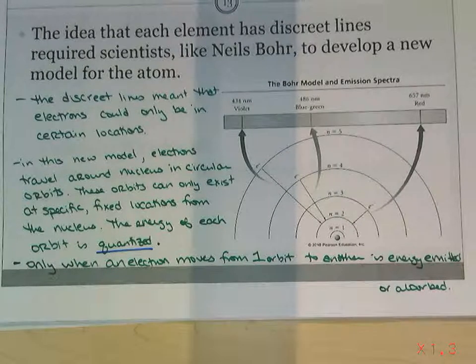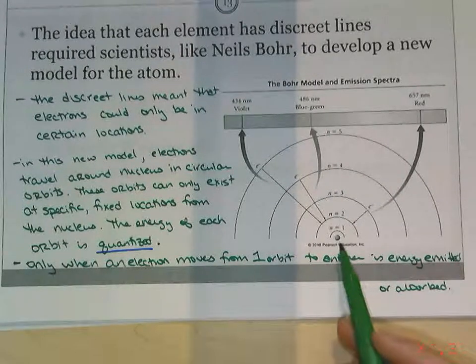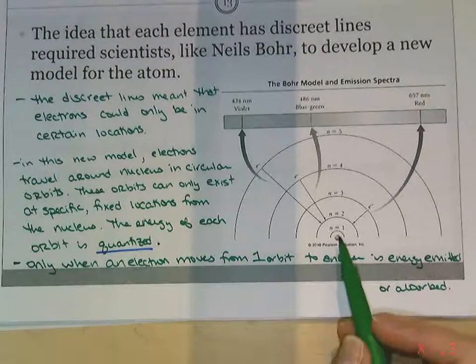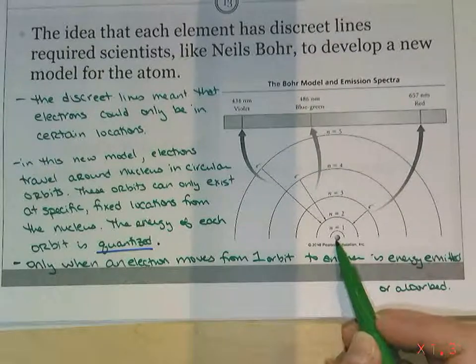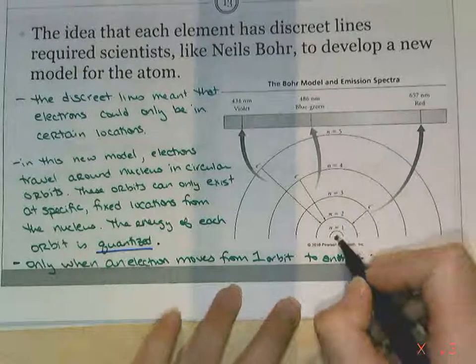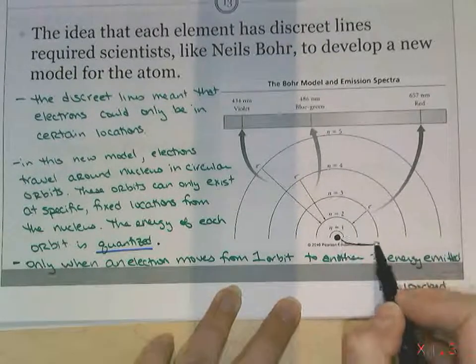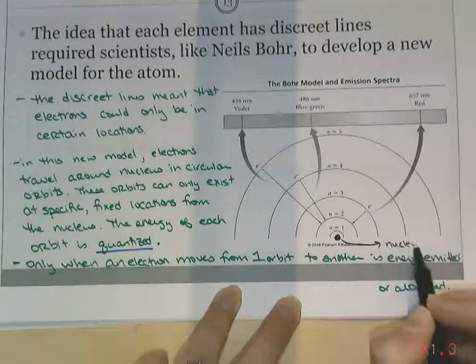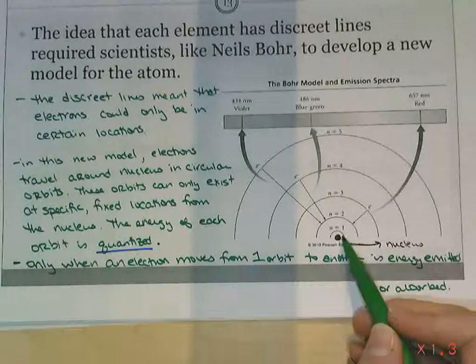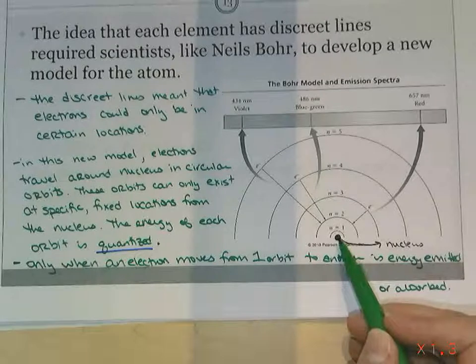So we can talk about how these tracks work. The one that's closest to the center, right here, is our nucleus. That's where all the protons and neutrons are living. The track closest to that is going to be called track number 1, n equals 1.